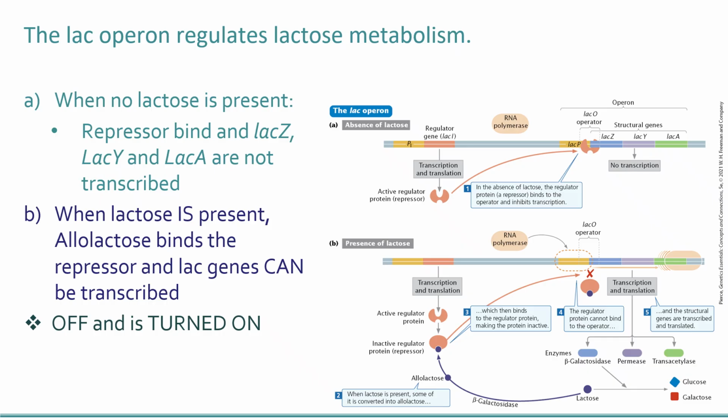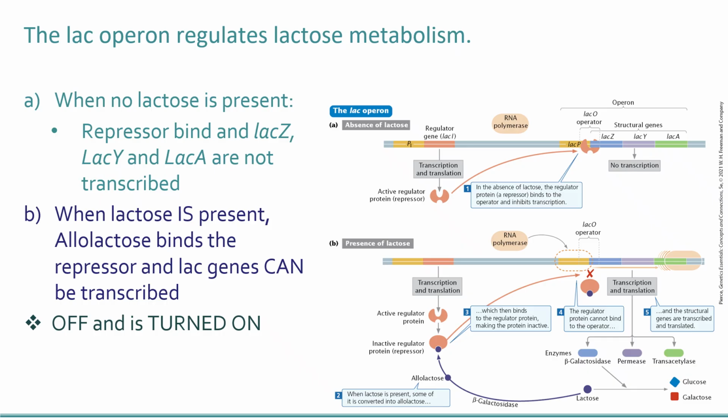Now remember, the lactose operon is a negative inducible. Negative meaning that transcription is blocked by our regulator protein binding to that operator site, and inducible meaning that it is normally off and needs to be turned on. Remember, it is on just a little bitty bit, but we're going to generally say that it is turned off.